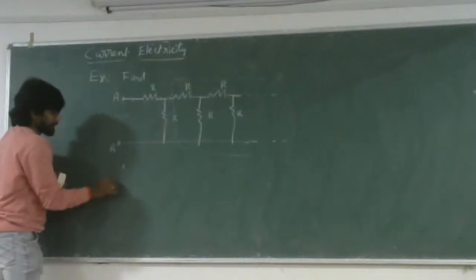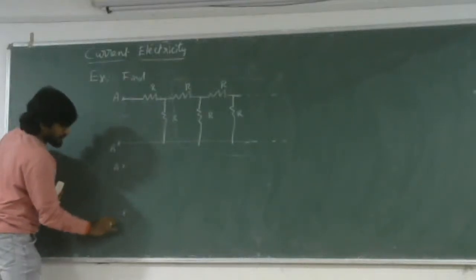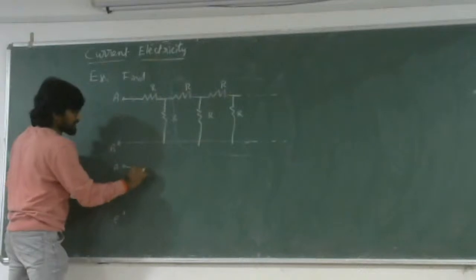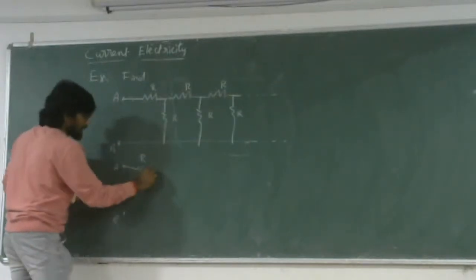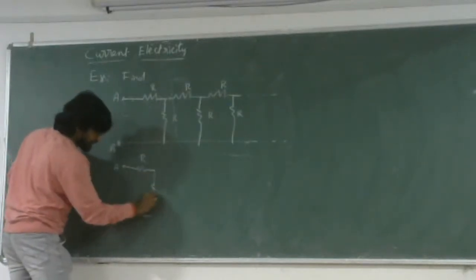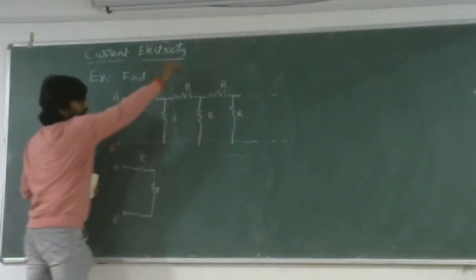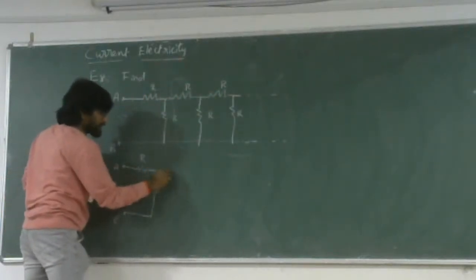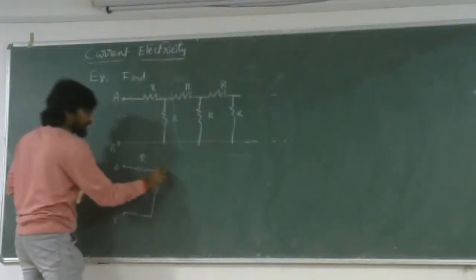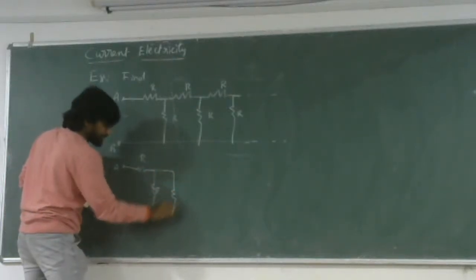This is A, this is B. Consider this resistor as R, and the entire remaining part of the infinite network you replace with a single resistor.